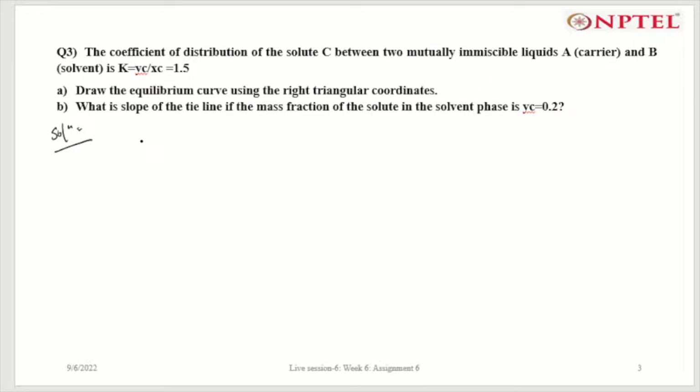It means that the mole fraction of the solvent in the raffinate phase is 0, and the mole fraction of the carrier in the extract phase is 0.